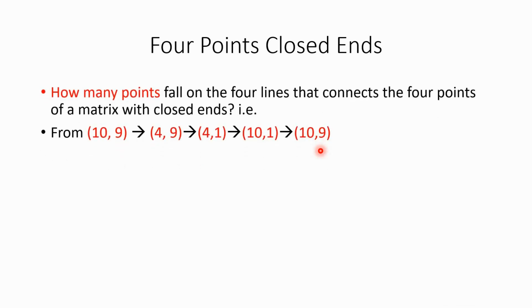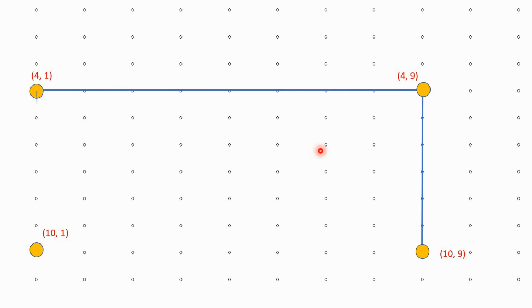Now let's suppose you have a closed loop of 4 points. That is your first point at 10, 9, second point, third point, and fourth point. Now you connect your first point to the second, second to the third, third to the fourth, and fourth back to the first point.